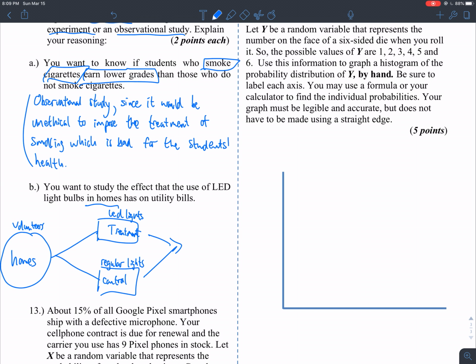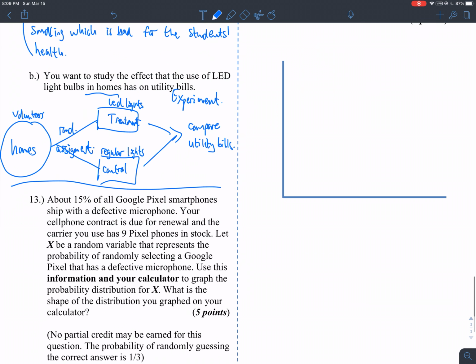And then in the end you can compare utility bills. And remember we said this is called random assignment. Randomly assign them. So this is definitely an experiment. The picture is the best way to describe what's going on here. You can write a paragraph if you want, but this is a great little explanation of how you would do the experiment.